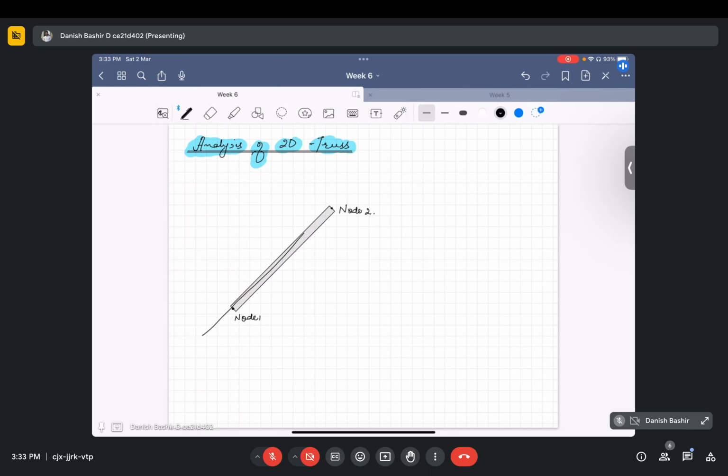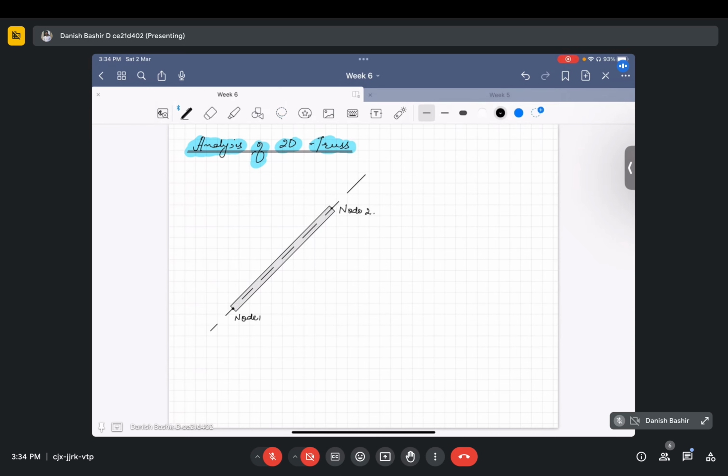Its axis is like this. So it will have its own nodal displacements.